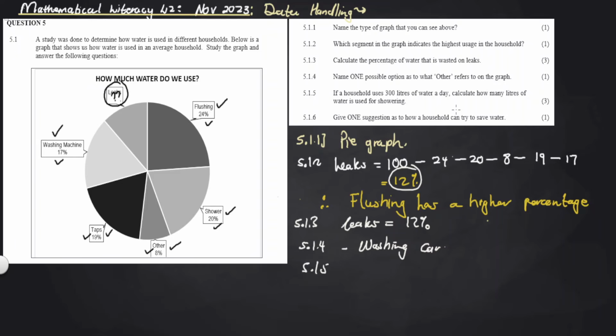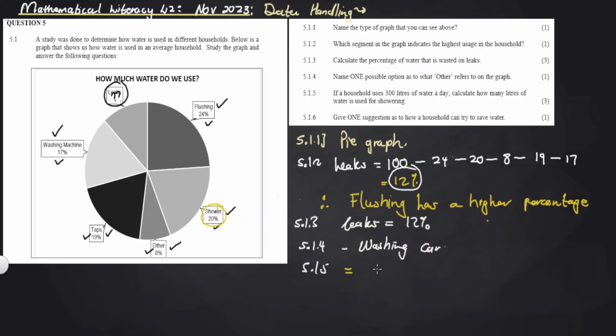This household is using a total of 300 liters of water. 20% goes to shower, 24% goes to flushing, and so on. But to calculate how many liters of water is used for showering, we know we are using 20% for showering, but how many liters is that, if the whole pie chart represents 300 liters per day?